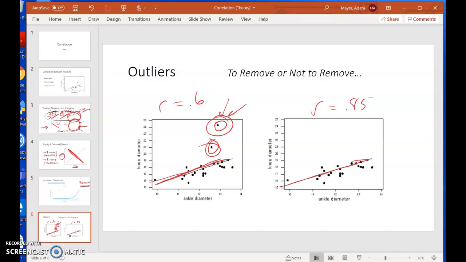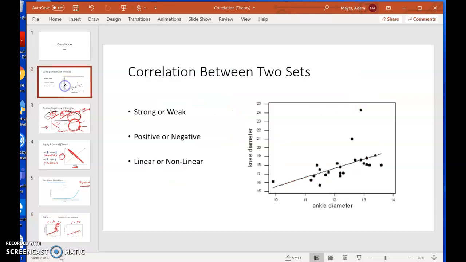Okay? And remember, the closer those correlation coefficient values of R are to 1, the stronger the correlation, in this case, a positive linear correlation. Okay, so that about does it for today. It's just some correlation theory. We have this notion of strong or weak, noted by R, the correlation coefficient.